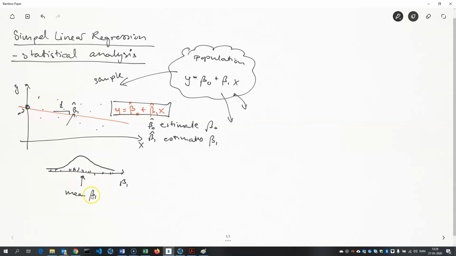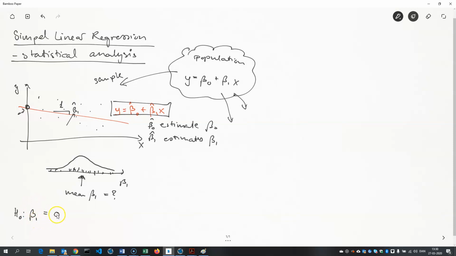Right. The question now is, what is this mean? What do these sampling measurements indicate that the mean is? What is this value? And one way to approach this is to state a null hypothesis saying that the true beta 1 is equal to 0.